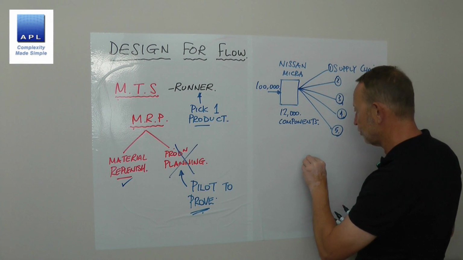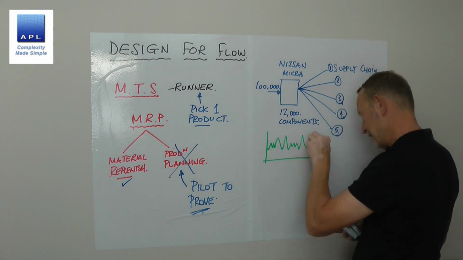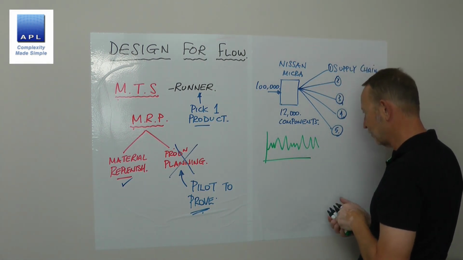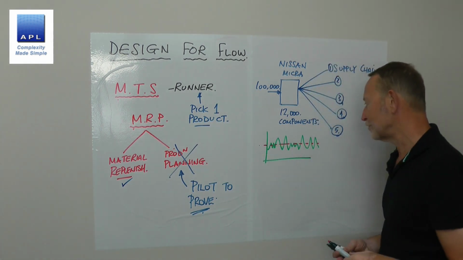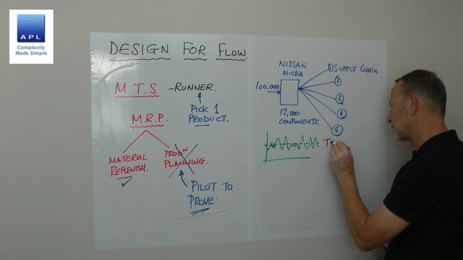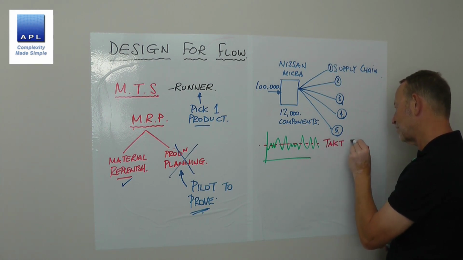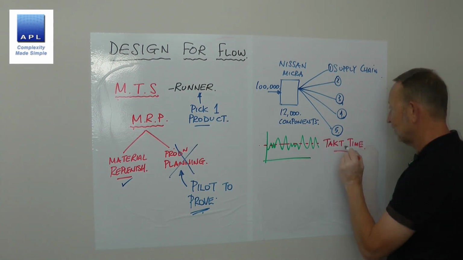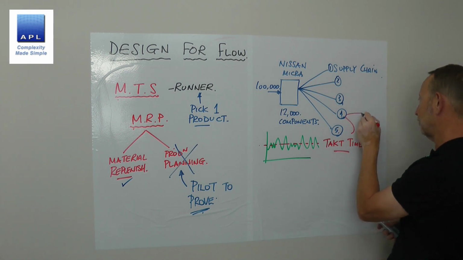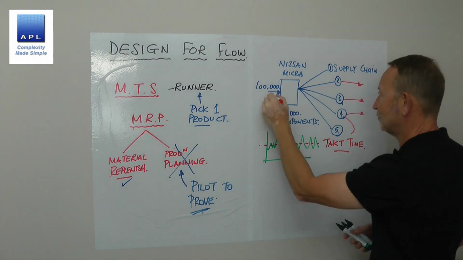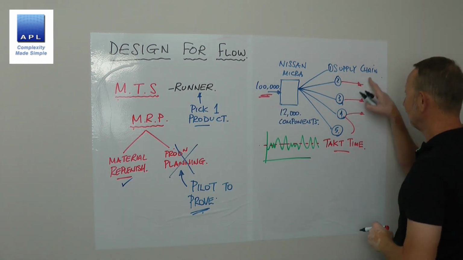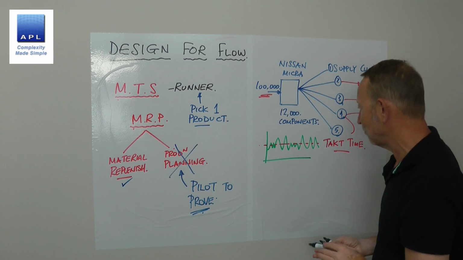Probably you've looked at the demand, and the demand makes sense. It's got some stability about it, so you have some confidence when you work out your takt time. Obviously, you're going to feed that takt time down your supply chains as well, because it's based on this thing here.